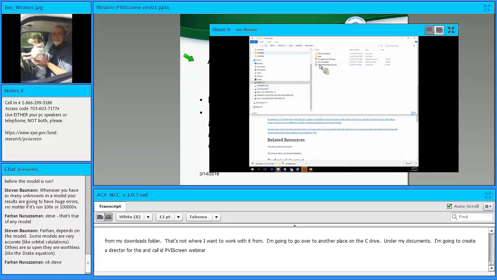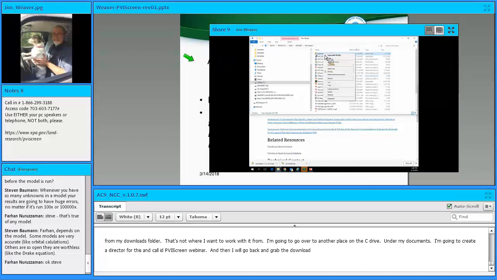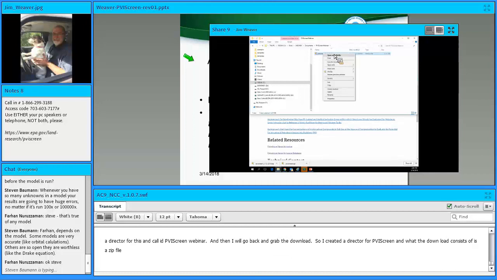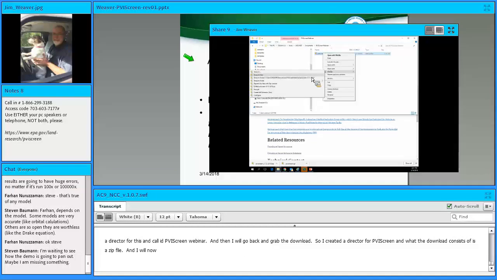Then I will go back and grab the download, and paste it there. Okay, so I've created a directory for PVIScreen, and what the download consists of is a zip file. And I will now go on and unzip the file and unzip to here.